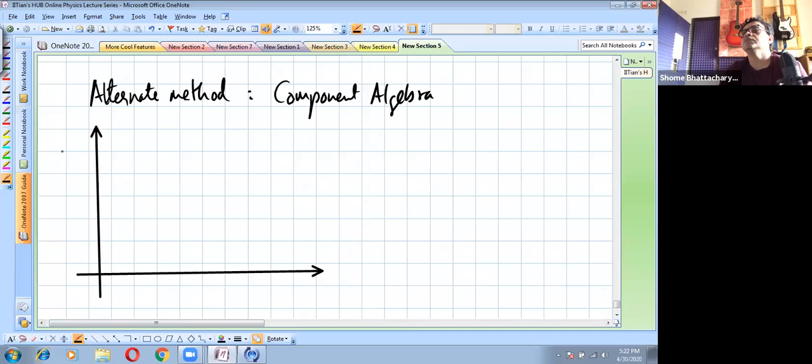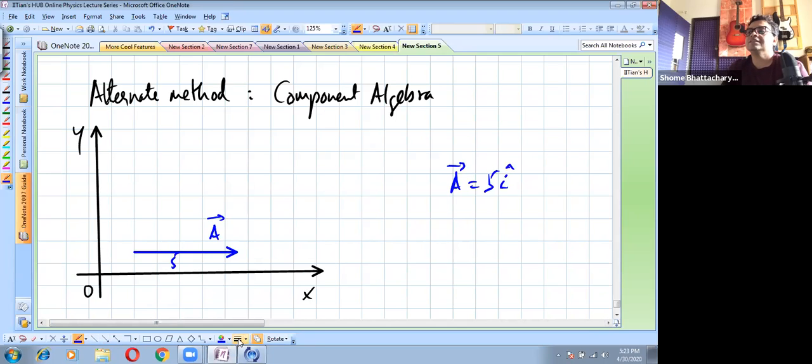you can assume that the vector A is lying along the x-axis. The vector B is something unknown. So A, you write as 5 i cap.